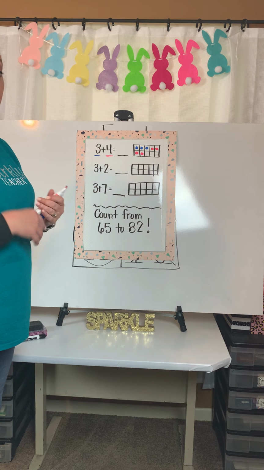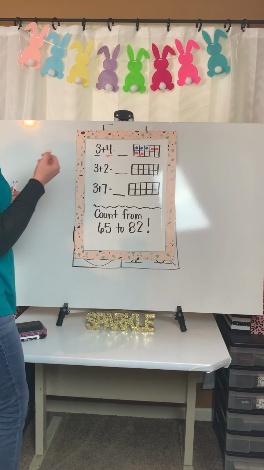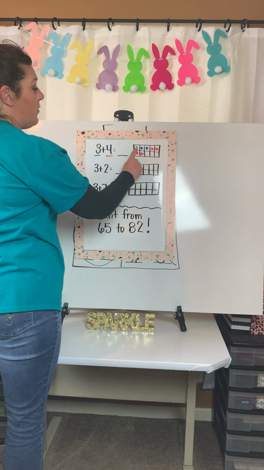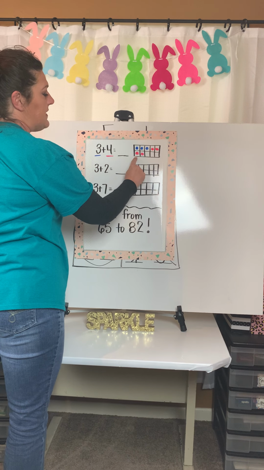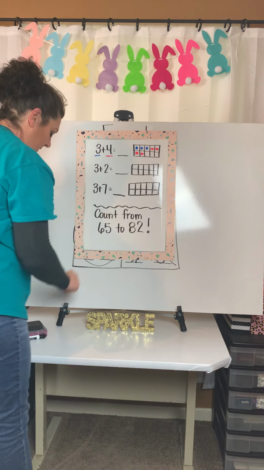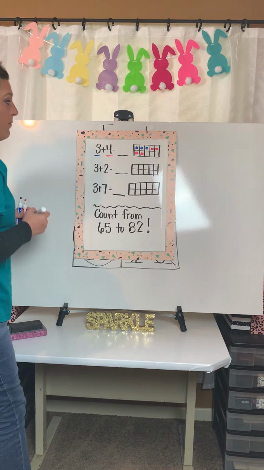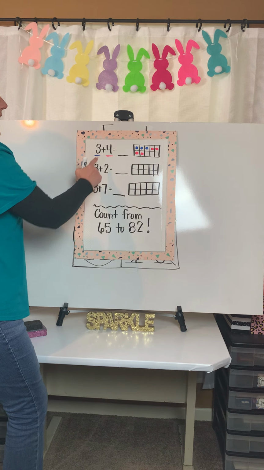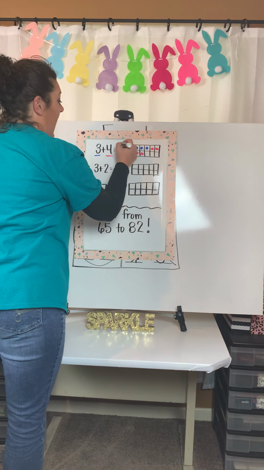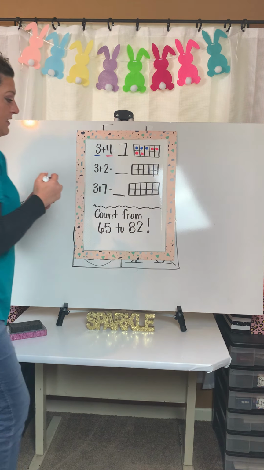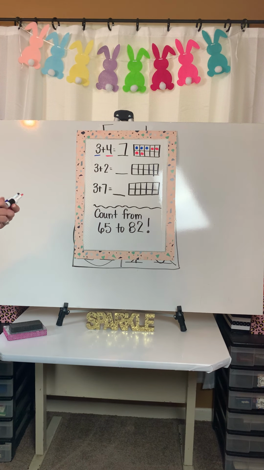I can add that way, or I can just start at the beginning and add the dots. 1, 2, 3, 4, 5, 6, and 7. So how many do we have if we add 3 plus 4? We have 7, don't we? Okay? Let's look at our next problem.